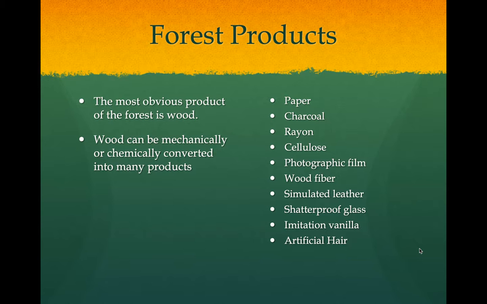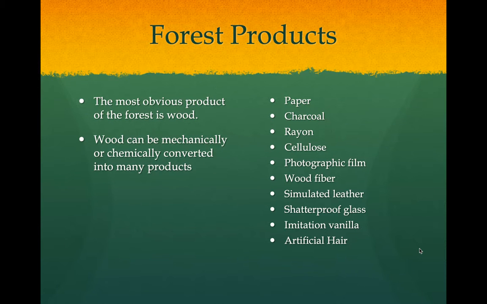Paper, pretty obvious one. We use a lot of paper. Charcoal. Rayon is a type of material. Cellulose is typically going to be used almost as a filler in things. So a lot of times you'll have cellulose in things kind of used as a filler. All different kinds of stuff. Shatterproof glass, you wouldn't think that that would be a forestry product.